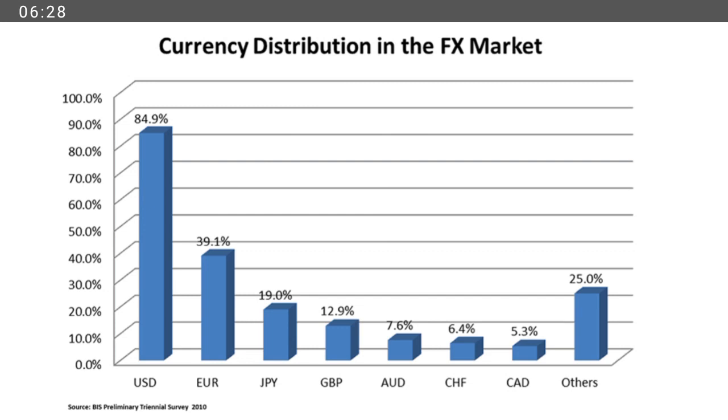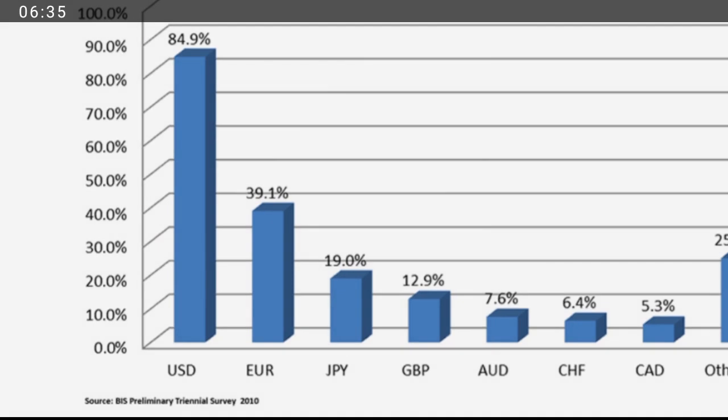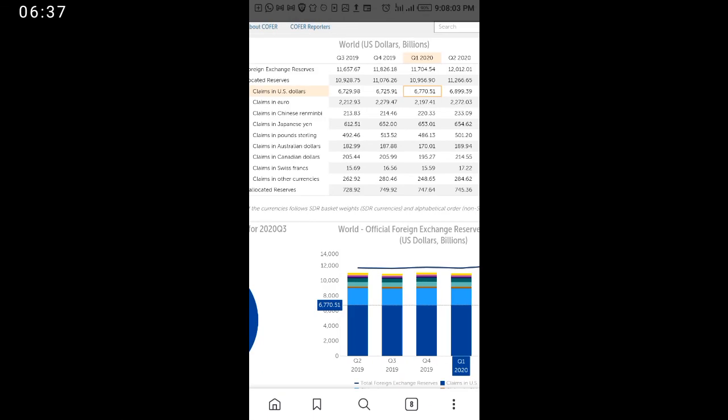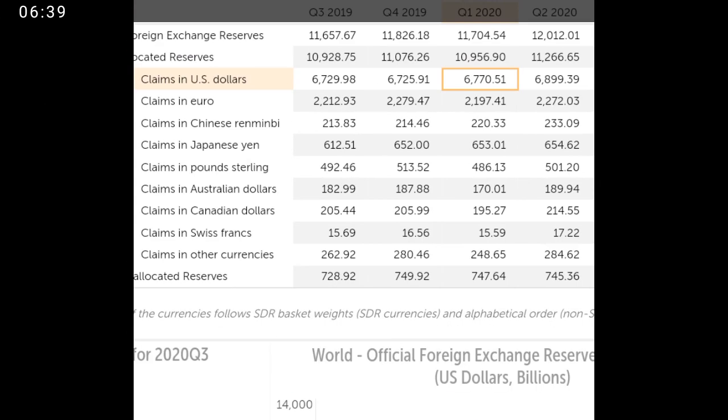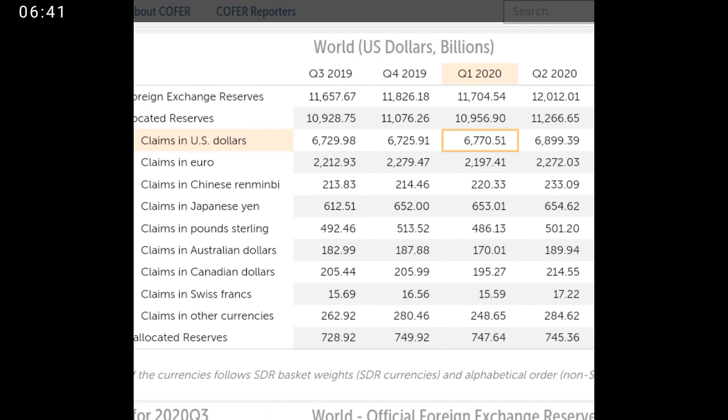Now let me show you the one that was taken in 2020. You can see claims in US dollars, 6,770.51 US dollars, the highest.